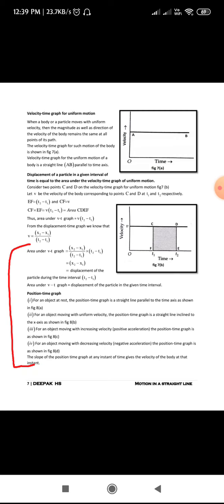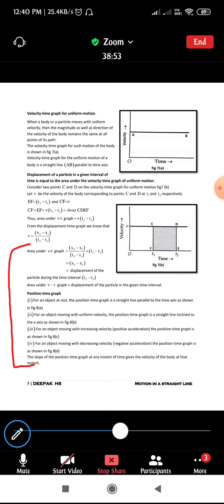If the velocity is uniform, it is a straight line parallel to the time axis, where at each time the velocity of the particle remains the same, it doesn't change. This is only when a body is moving with uniform motion. So this is the importance of the velocity time graph.